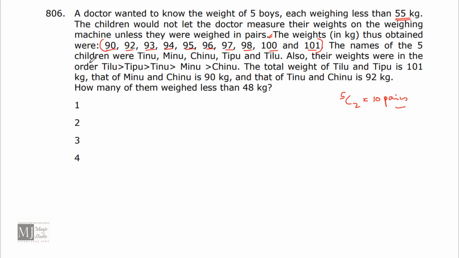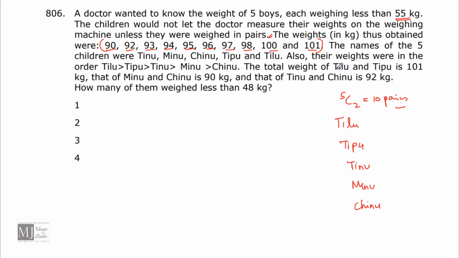The names of the 5 children were Tinu, Minu, Chinu, Tipu, Tilu. And their weights were in the order Tilu is greater than Tipu, then we have Tinu, Minu, and Chinu.